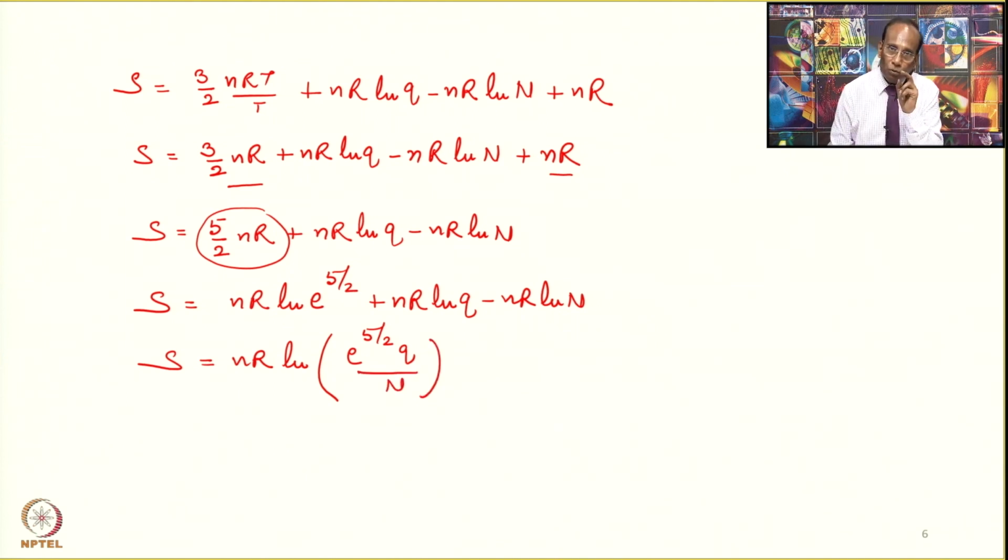Now we need to decide what we should write for Q. This is a partition function, and the partition function will depend upon your degrees of freedom. The given system is a monatomic perfect gas. Monatomic will have translational degree of freedom. It does not have rotational, it does not have vibrational.